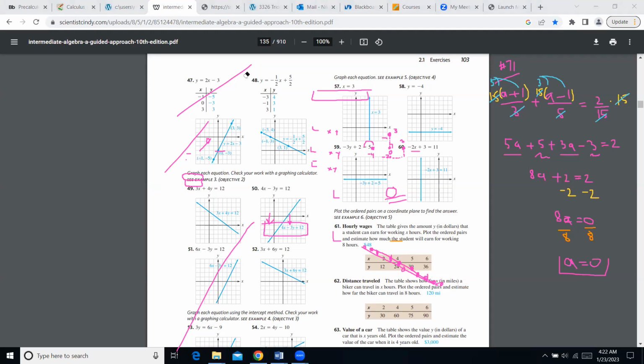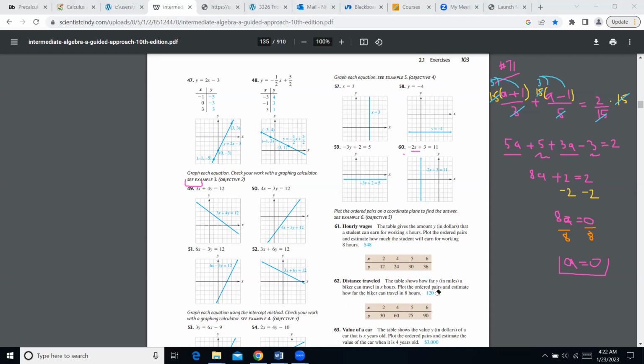So what should I do to make some graphs on the next page? Well, let me try to check how we can produce problem number 47, for example, how we can graph that little equation here. And notice they actually recommend to plot 3 points, right? You can see that they used 0, -1, and 3 instead of x.